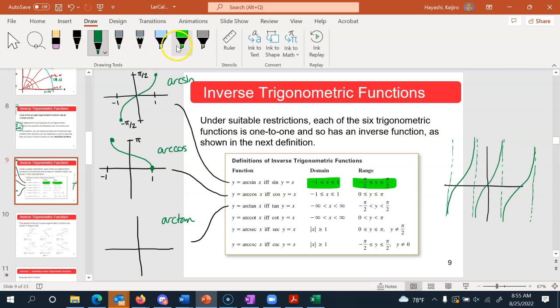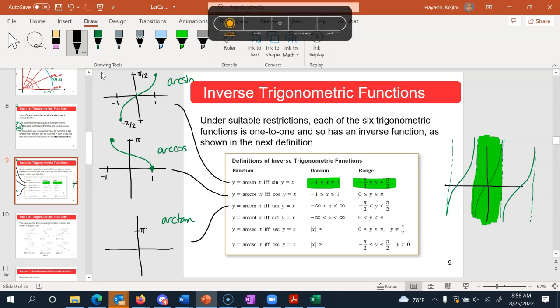So you're going to restrict yourself, just like with sine, to this middle little branch of the tangent function. And that's what you're going to take the inverse of to create arc tangent. If we were to take that and flip that around, the domain of tangent goes from negative pi over 2 to pi over 2. So that's going to be the range of our arc tangent, negative pi over 2 to pi over 2.